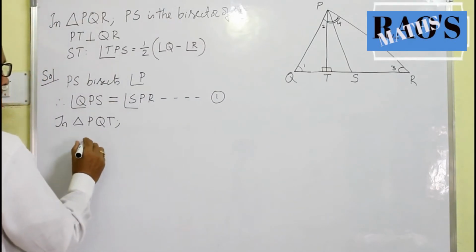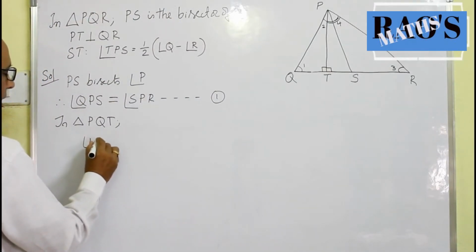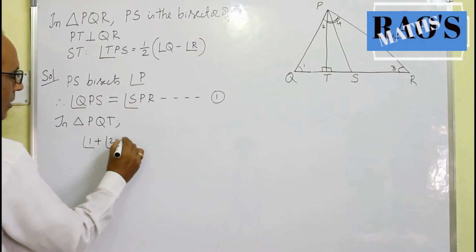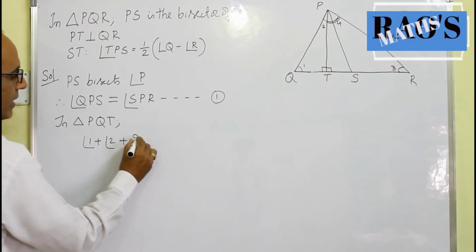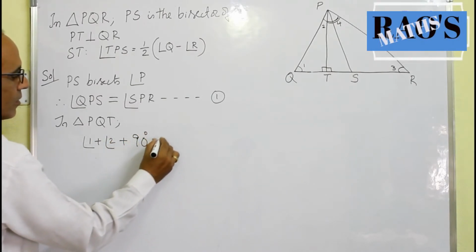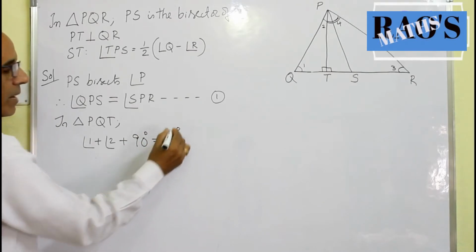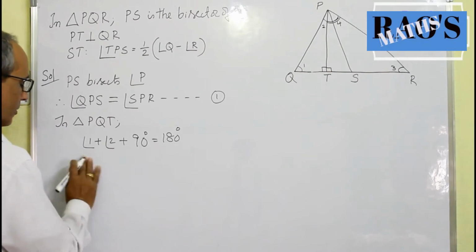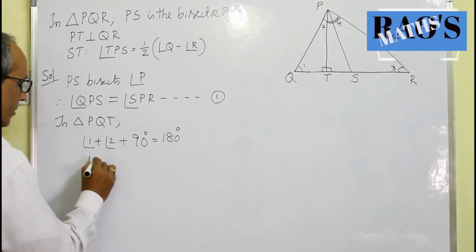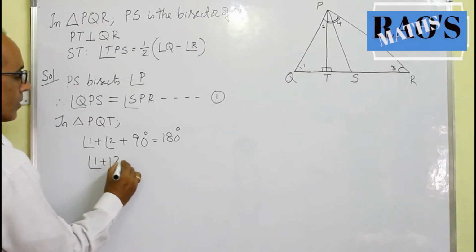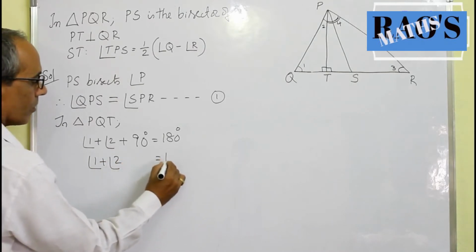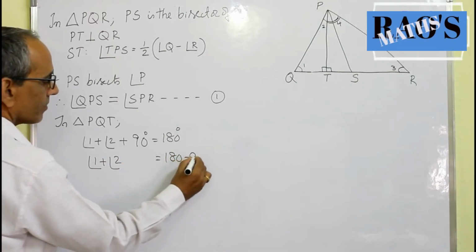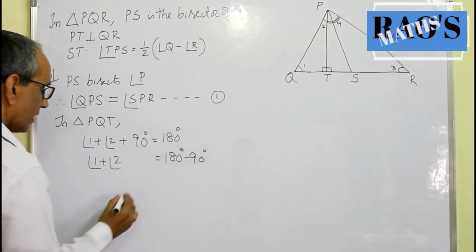So angle 1 plus angle 2 plus 90 degrees is equal to 180 degrees, by the angle sum property. So angle 1 plus angle 2 is equal to 180 minus 90, of course 90 degrees.